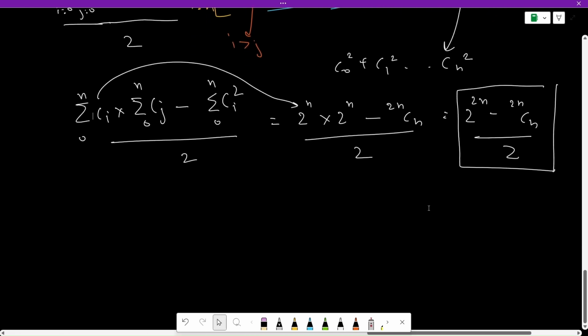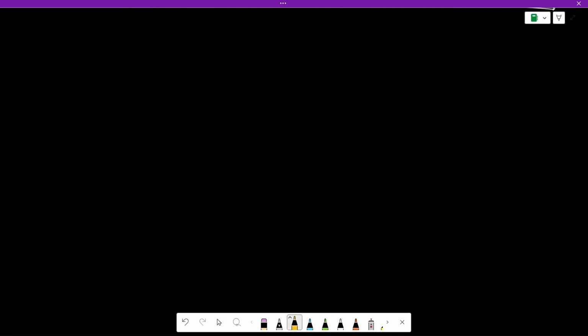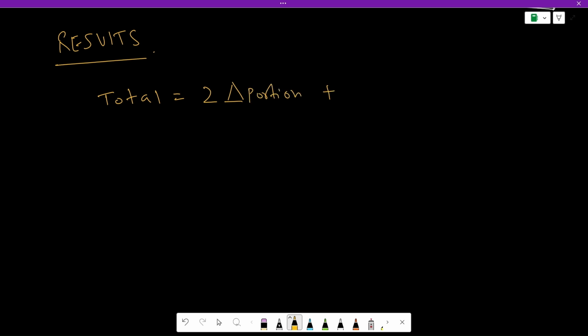Right? So now let's talk about the final results that we observe from this example. The total is twice the triangular portion, the upper triangle and the lower triangle, plus the diagonal portion.